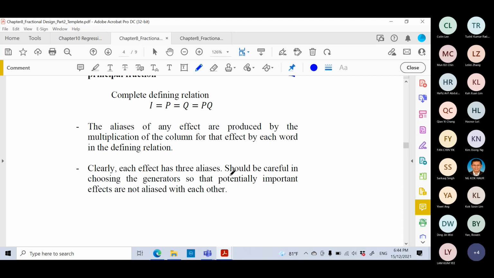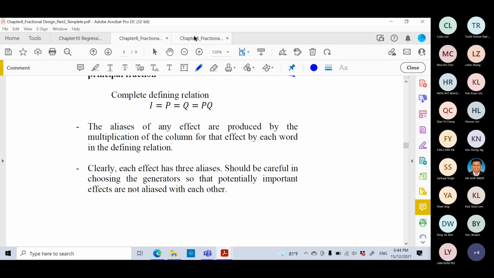When you list out the alias structure, you can observe this. We do not want a main effect to be aliased with another main effect. If a main effect is aliased with a main effect, you do not know whether the contribution comes from the main effect of A or the main effect of B. Therefore, you must choose your generators carefully.